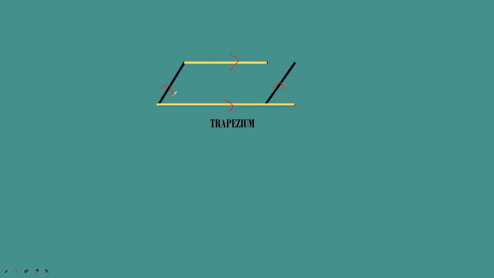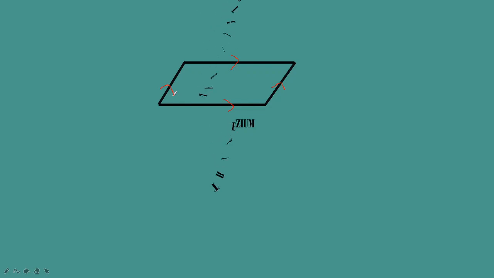So both pairs of opposite sides are parallel. And if I connect them, that shape is called a parallelogram. Now let us look at what a parallelogram means.